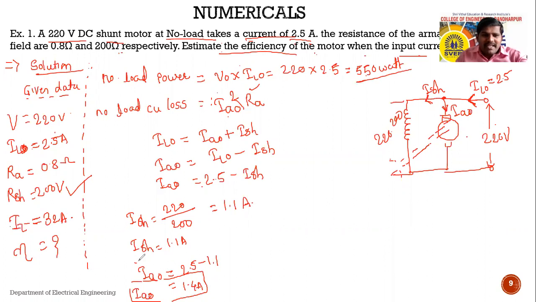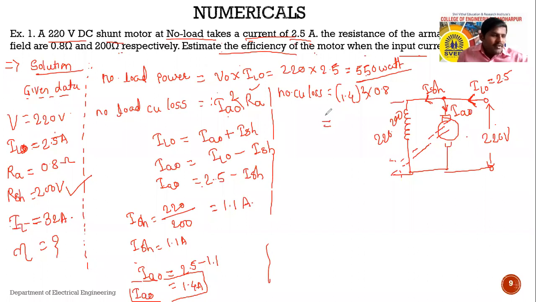So the formula is already given here. No load copper loss is equal to Ia square, that is 1.4 square into Ra. Ra किती आहे? 0.8.